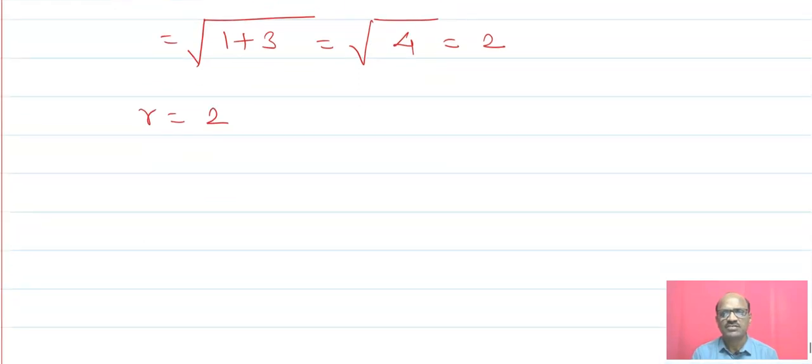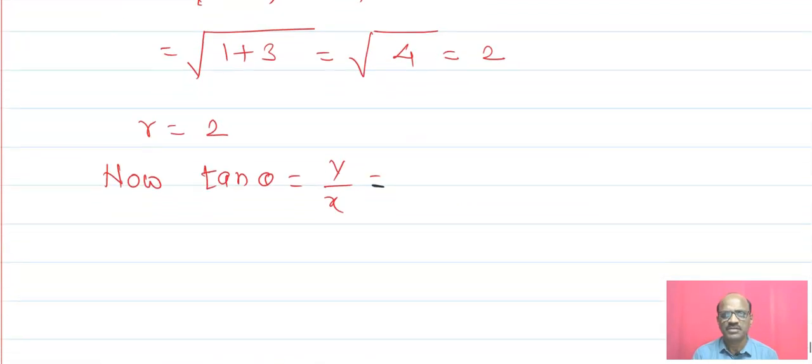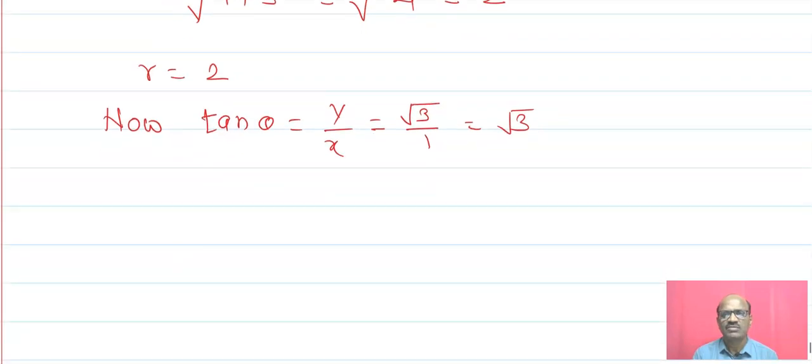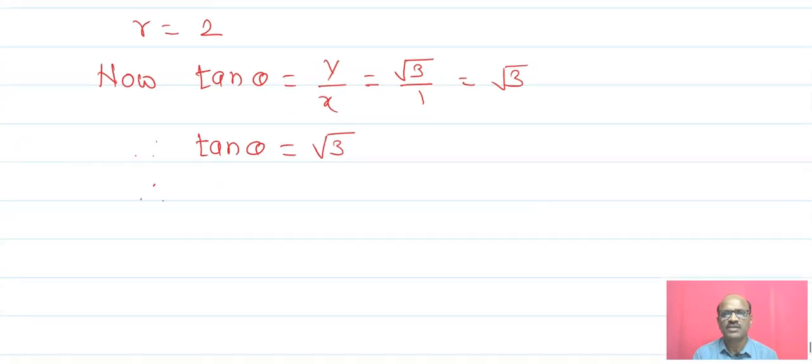Some students say that your speed is high, but you can slow down my speed with the help of your computer and mobile, and mute the sound, and you can see each and every step, and then use the regular speed. Now tan theta is equals to y upon x, that is root 3 upon 1. Therefore, theta is equals to tan inverse of root 3, and that is nothing but pi by 3.